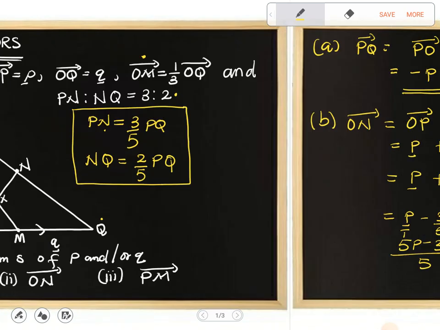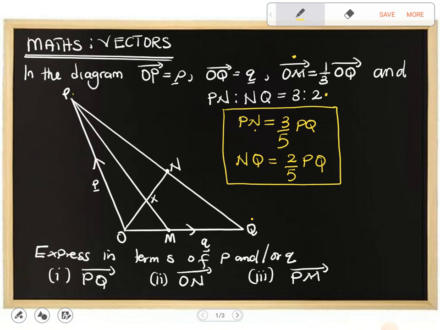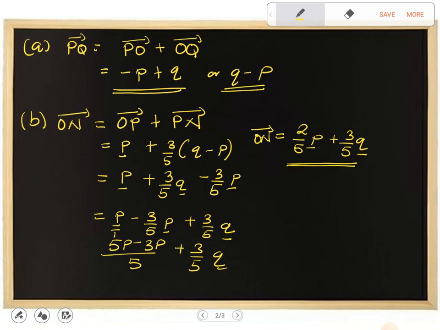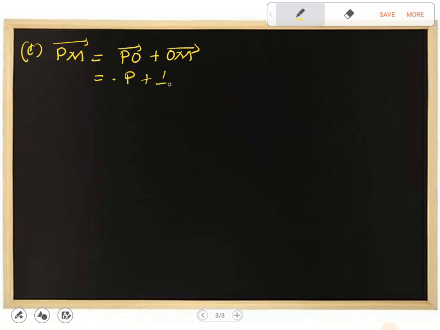Plus OM. OM is 1 over 3, so they are saying 1 over 3 of OQ. But what is OQ? OQ is just Q itself. So we are putting Q. We can now evaluate it: 1 over 3 Q. We're done. You don't have to go anywhere. This is just the negative P there.